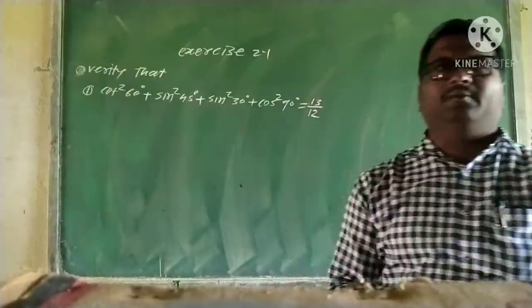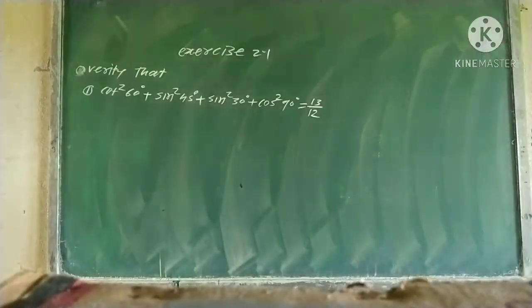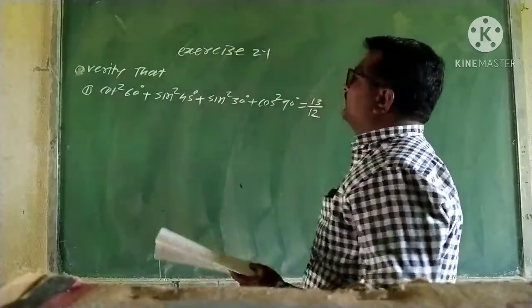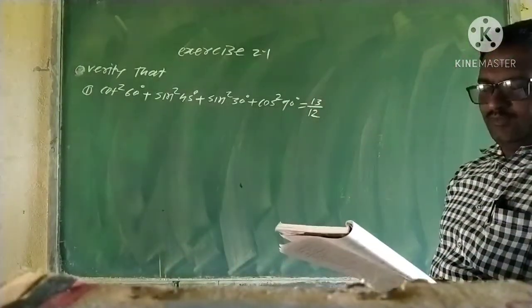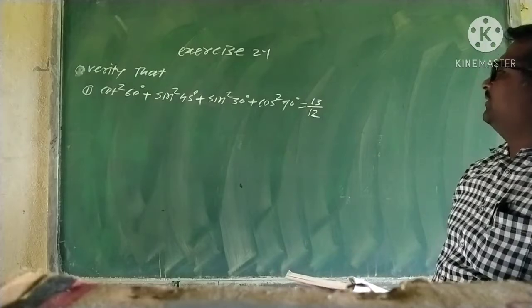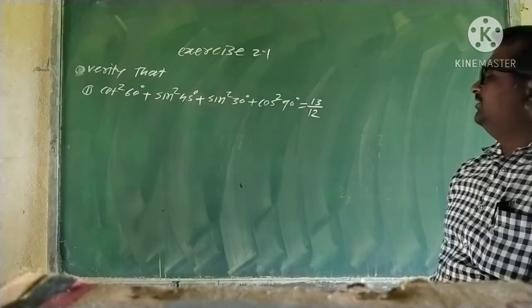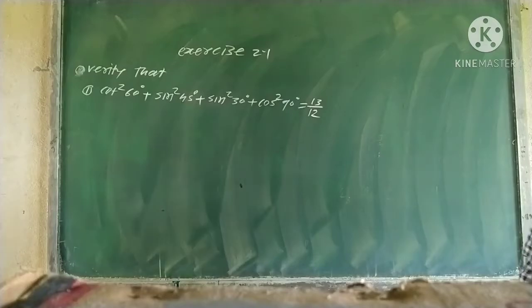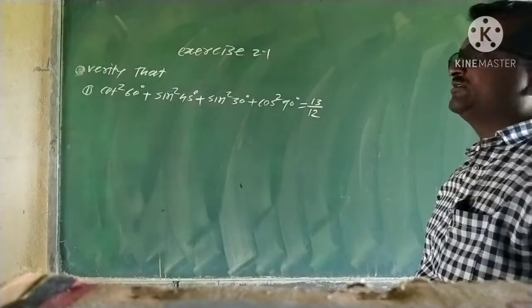Now let's see the problem. Cot square of 30 degree plus sin square of 45 degree plus sin square of 30 degree plus cos square of 90 degree is equal to 13 divided by 12. Now we have to find the values.